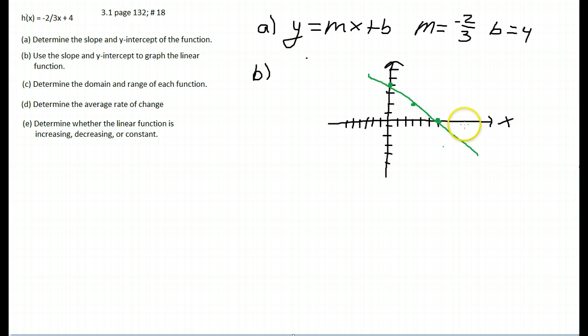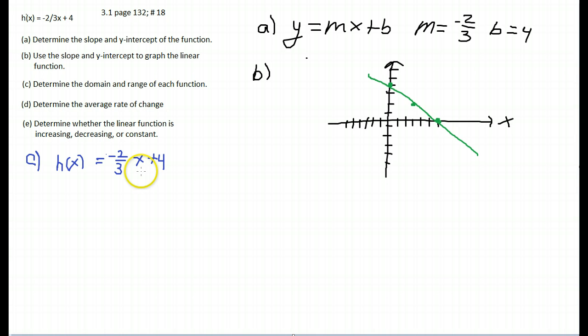Part C, we are told to determine the domain and range. Let's do this over here. Alright, domain is where x is defined. Well, if we look at our h of x, it equals negative 2/3 x plus 4.